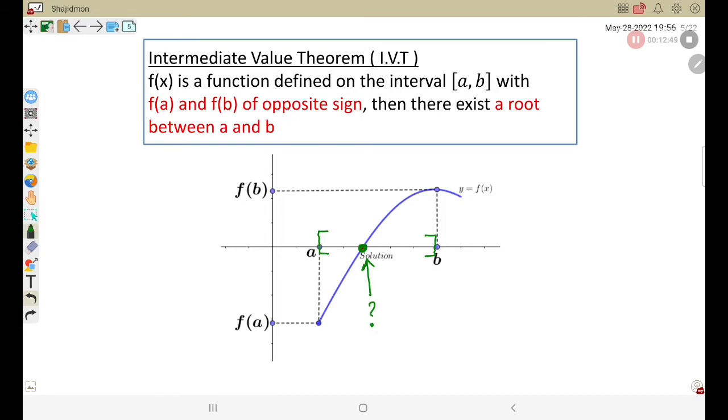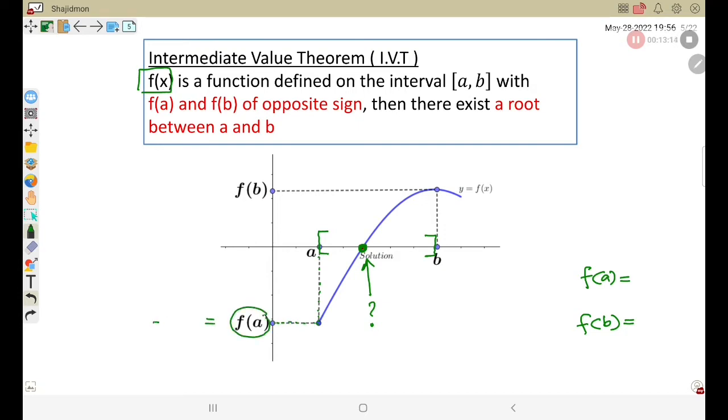How we check whether this location is correct is just to find f of a and check f of b, that means substitute the number a in f of x and the number b in f of x. For example, here f of a means the y value. What will be f of a?